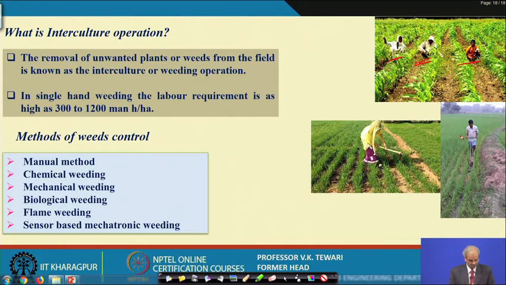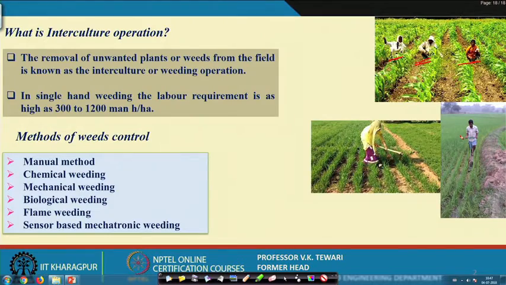The second one is chemical weeding. Chemically, we can take a selective type of herbicide or weedicide, spray it, and then the plant will not die, but that particular weed will die, because it is a selective type made for that particular weed only.